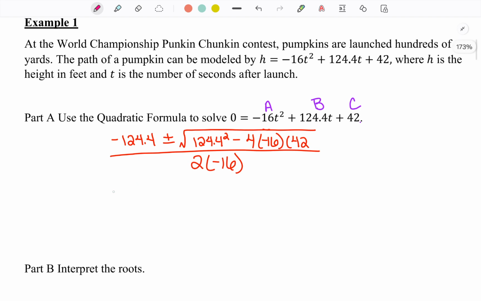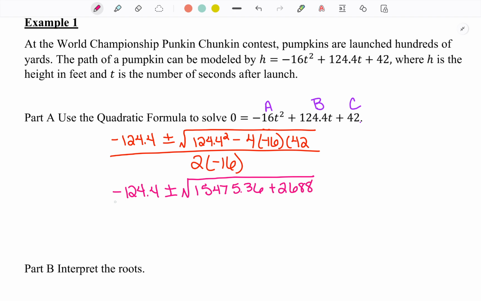So we can't do anything with the negative 124.4, but we can with the 124.4 squared and the rest of what's underneath that radical. So 124.4 squared gives us 15,475.36. And then we have negative 4 times negative 16 times 42, and that gives us 2,688.